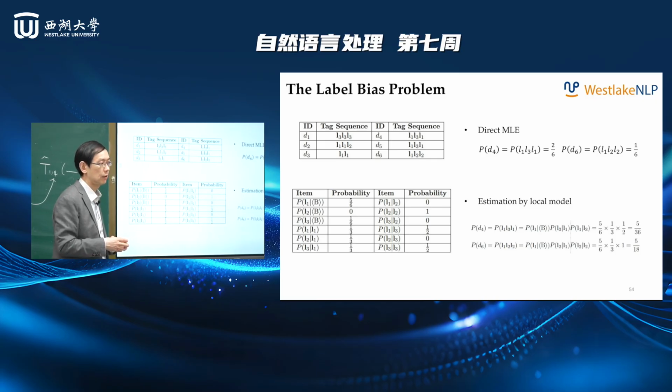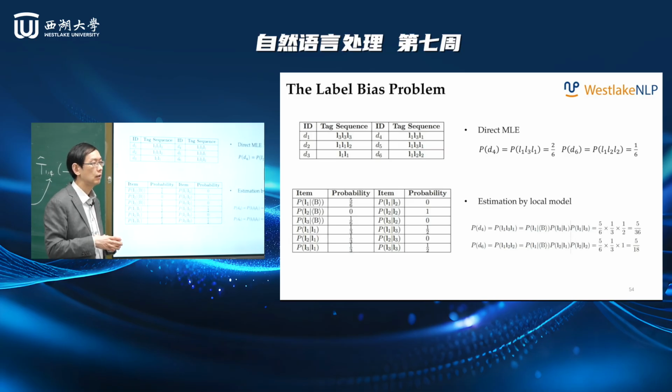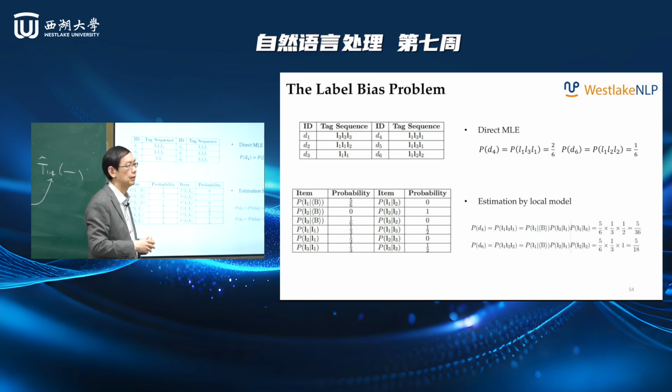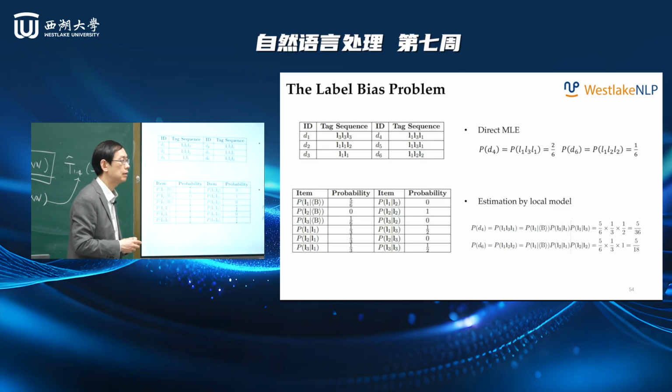So what are the parameters? ti given ti minus 1, right? Now because we only have 3 tags, and maybe a B, beginning of the sentence, we can estimate every parameter instance here. How many parameter instances do we have?